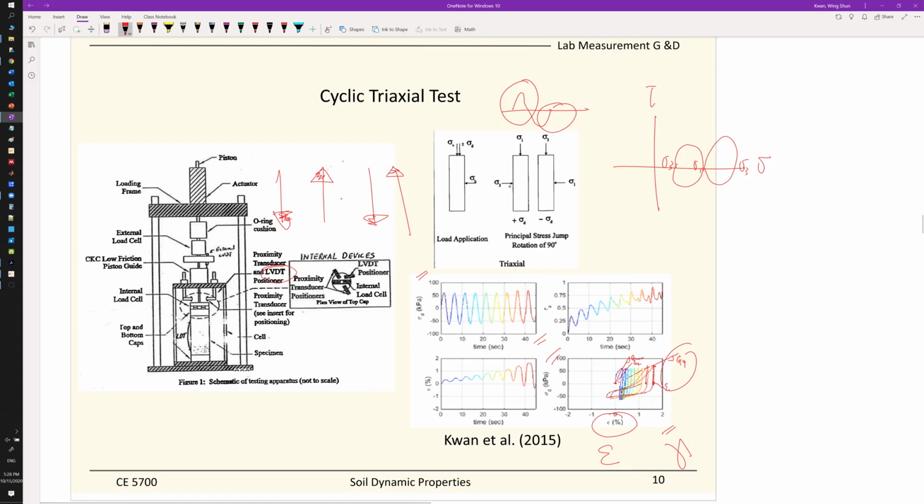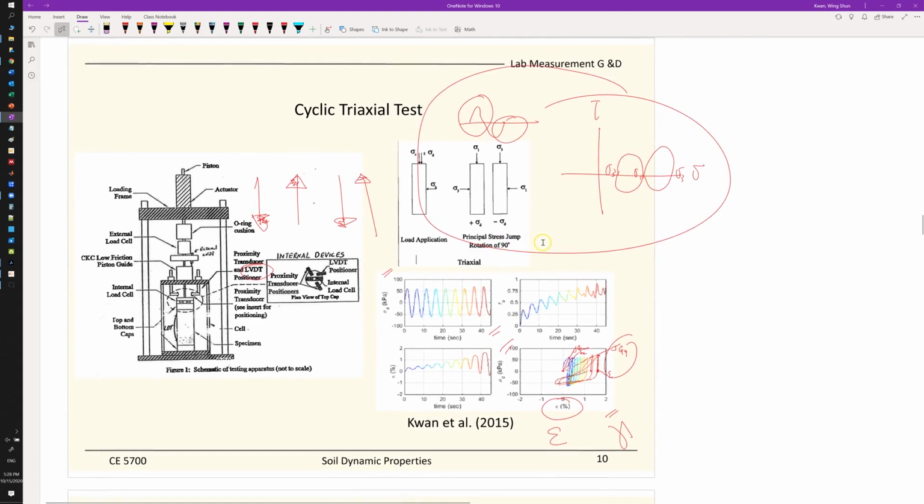If you totally understand what I'm saying here, I think you are ready for your PhD level. But anyway, I want to give you some ideas on what is available out there for soil dynamic property testing. In the future, if you have any project that comes across these issues, I'm very happy to help out.